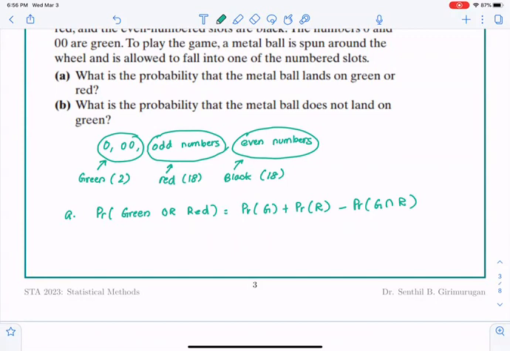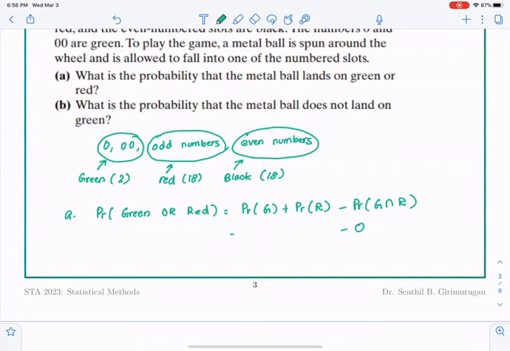Well, if it's just one metal ball that's landing on the slot, it can't be both a green slot and a red slot at the same time. So those two events are disjoint, so we would have 0.